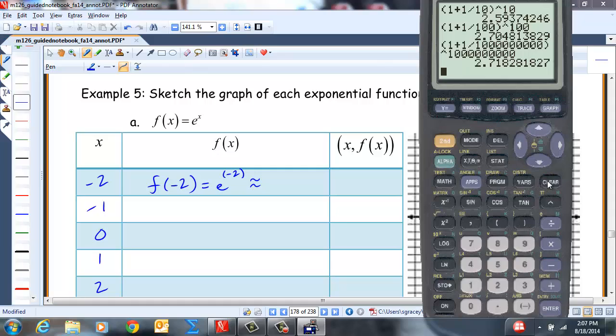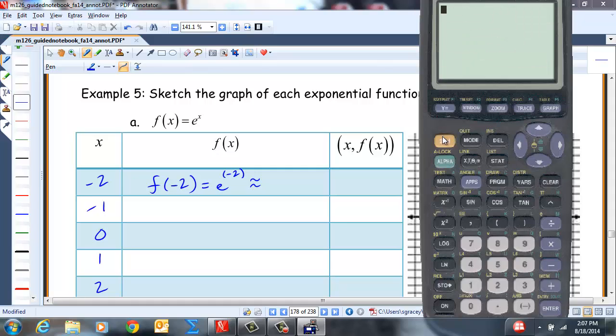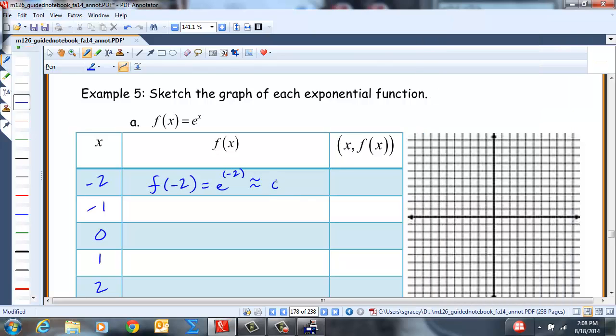To get the exponential, you go to second, natural log, and that gives you your e. We're raising e to the -2. We get approximately 0.135. So we get the ordered pair -2, 0.135.